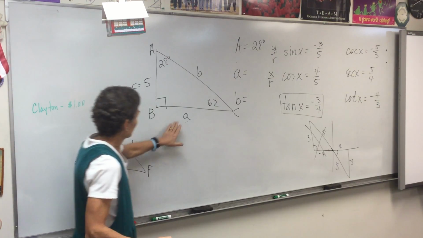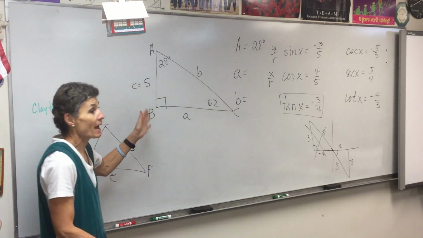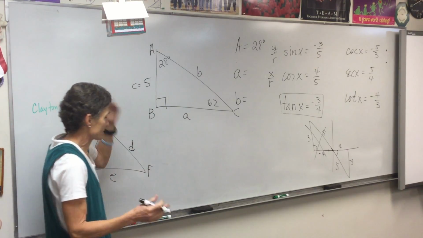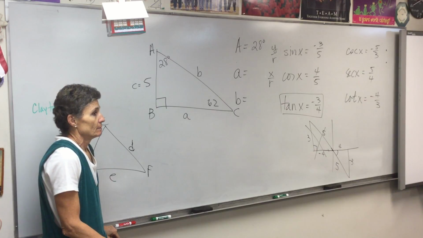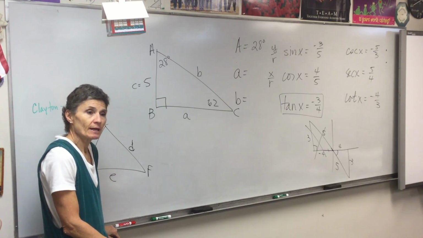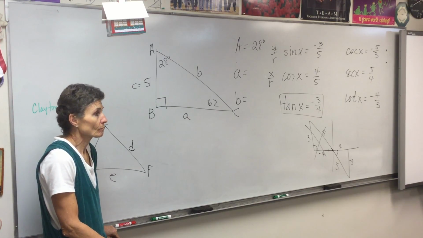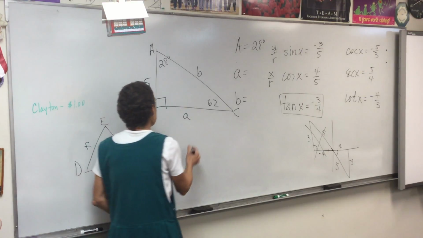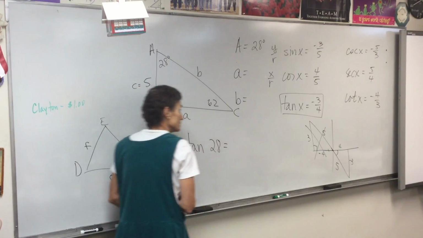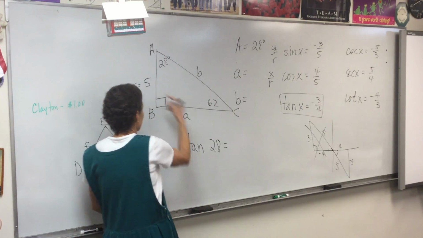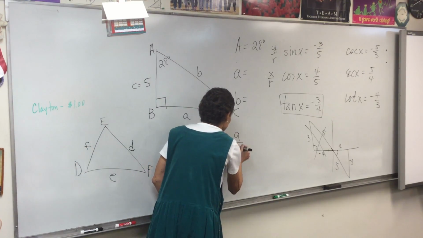All right, let's suppose we want to find side A next. The order doesn't matter, but let's just pick one. We'll do side A next. Any idea how we might find side A? Oh, the tangent of 28 equals A over 5.